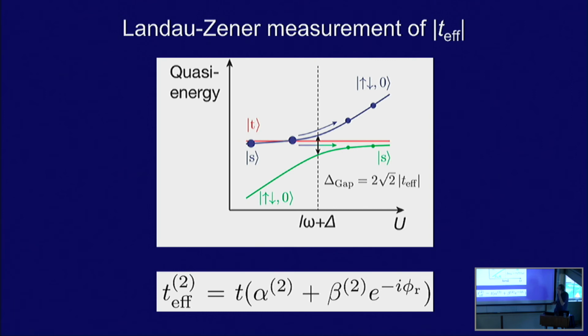Okay, and then we do two types of measurement. One measurement is to measure the absolute value of this T effective. And that is a Landau-Zener type of sweep. If there is a gap when we hit the resonance, when we hit the point of interest, then our system will simply go from the singlet initial state to the double occupancy, which we can measure.